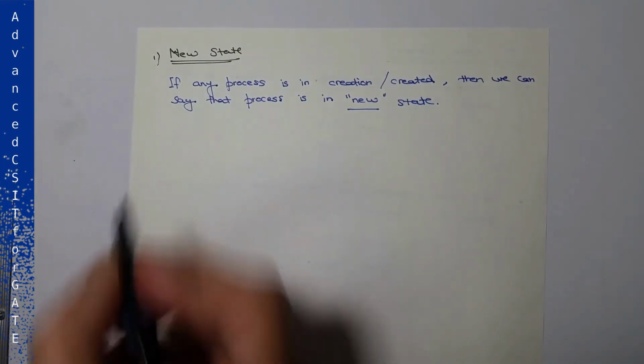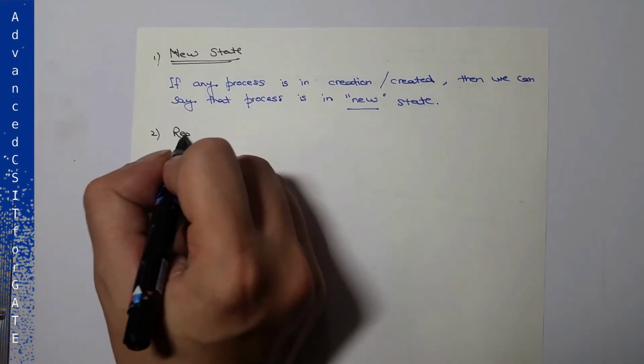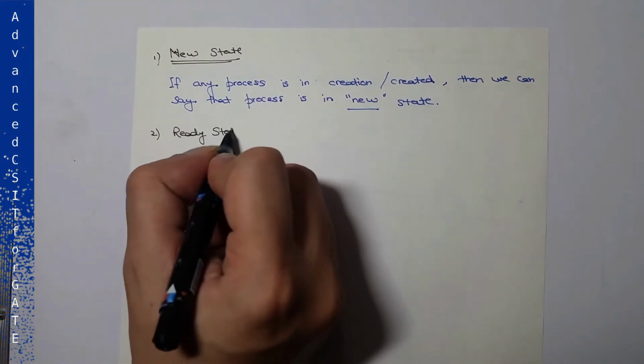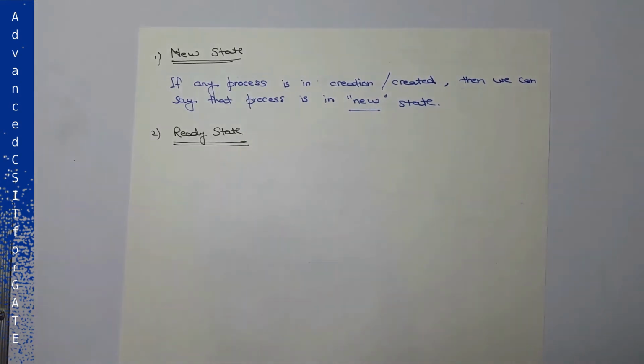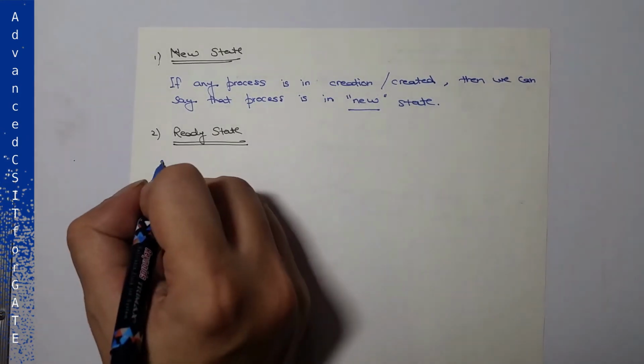The second state is ready state. So once a process is ready for execution, then that process can make a transfer from new state to ready state. That would be the first point.